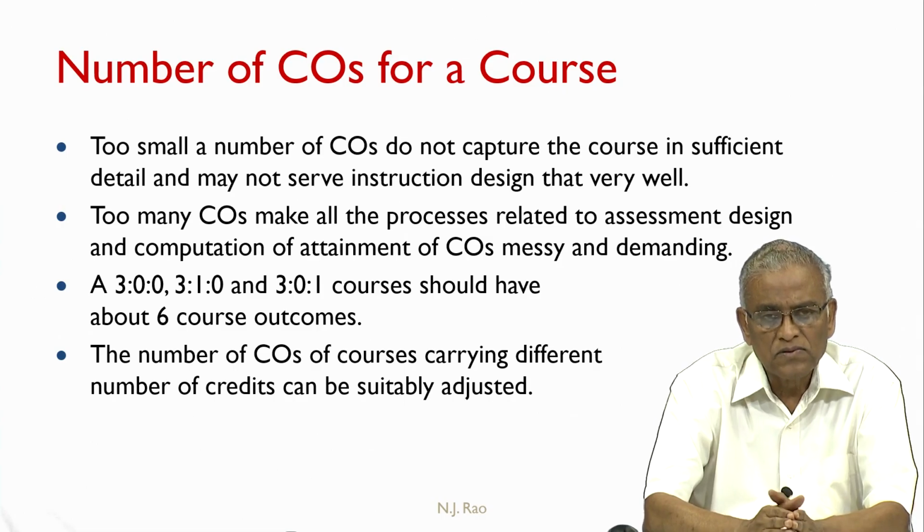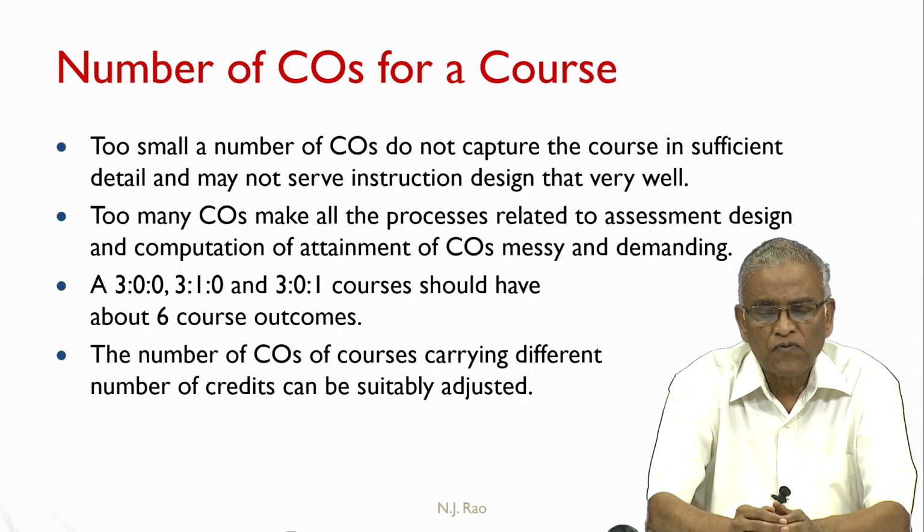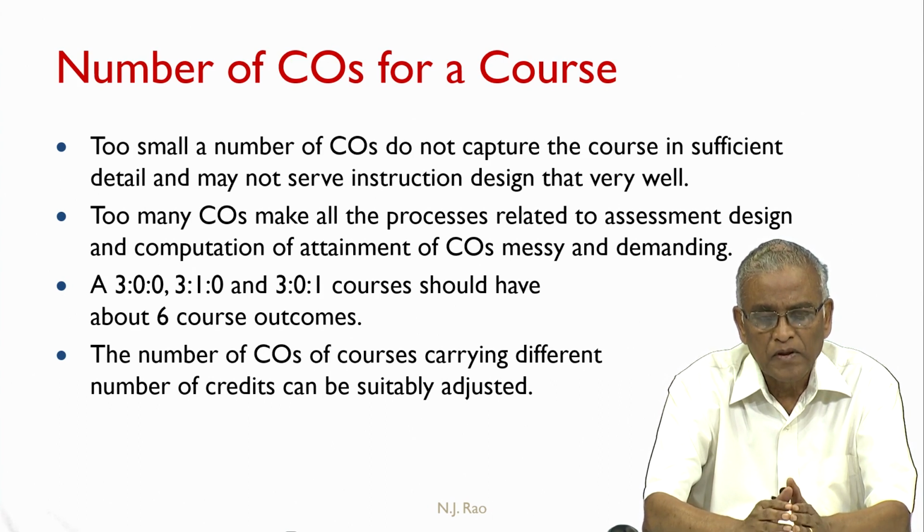As long as you can convince yourself that the essence of what you have in mind for that particular course is captured satisfactorily in the outcomes that you have written. And not only that, it is not only from the teacher's perspective; the student should be able to understand very clearly, by reading the course outcomes, what they are expected to learn.